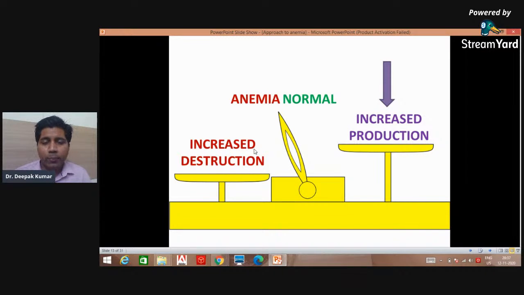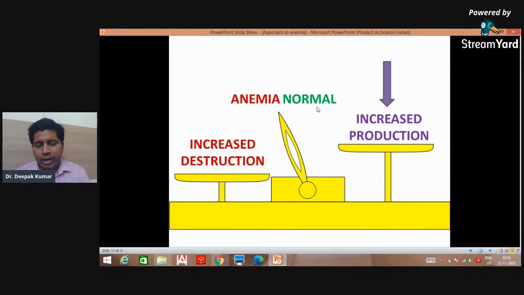The more accurate definition for hemolytic anemia is anemia with red blood cells with a lifespan of less than 120 days. You will have to give it a thought to get this definition. It is not increased destruction, it is anemia due to decreased lifespan of RBCs to less than 120 days. That would be the more accurate definition for hemolytic anemia.